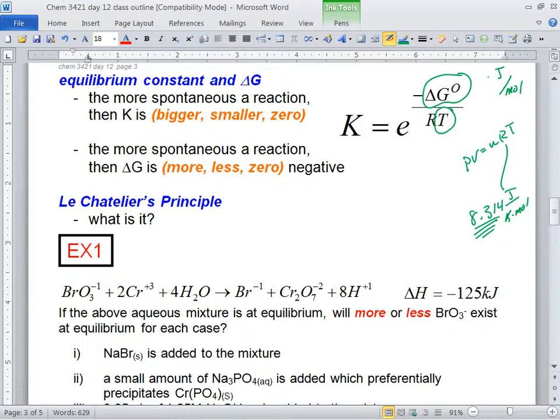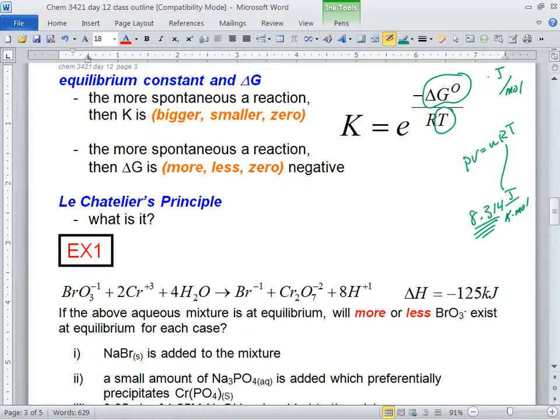The more spontaneous a reaction is, what would you expect K to be? K is products over reactants. If something is spontaneous, would you expect a lot of product or a little bit of product? I'd expect a lot, if it's naturally going to occur. The more spontaneous, the more product.